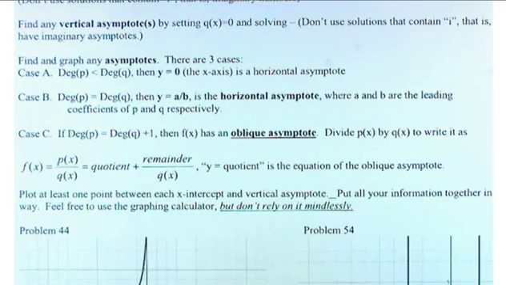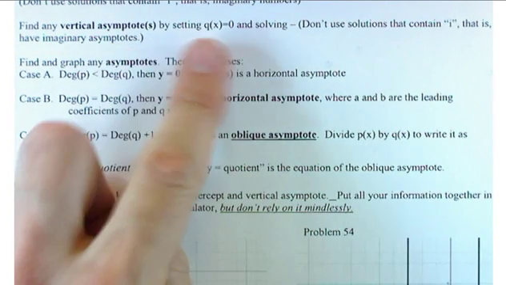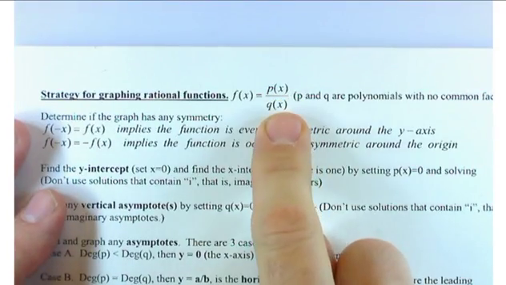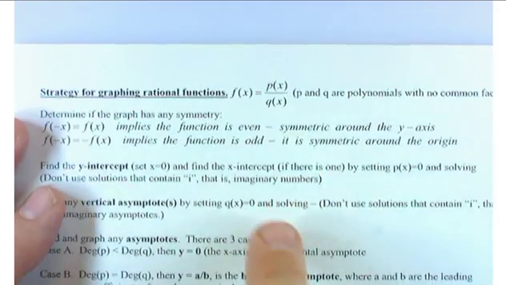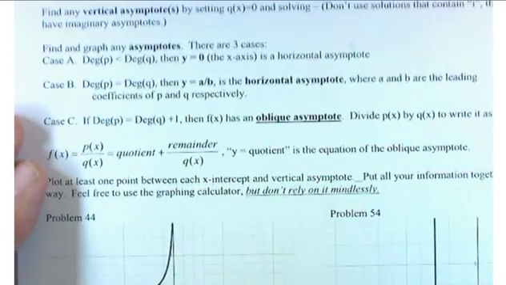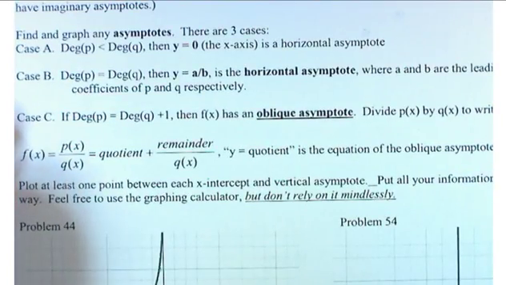As far as vertical asymptotes are concerned, your vertical asymptotes are going to occur where the denominator is 0. If you regard your rational function as p of x over q of x, then where q of x equals 0, that's where we're going to have a vertical asymptote. Now if q of x can't equal 0, you're not going to have a vertical asymptote. That's fine.